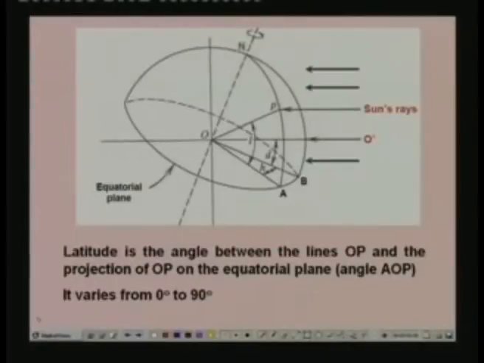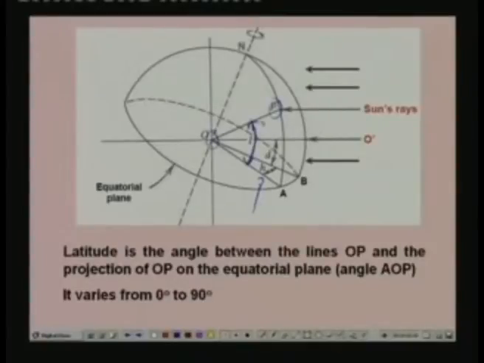Latitude is defined as the angle between the line OP, which is the line joining the center with the point P, and the projection of OP on the equatorial plane. The projection of OP on the equatorial plane is OA. So, the latitude is the angle between OP and OA, that is angle AOP, this angle.